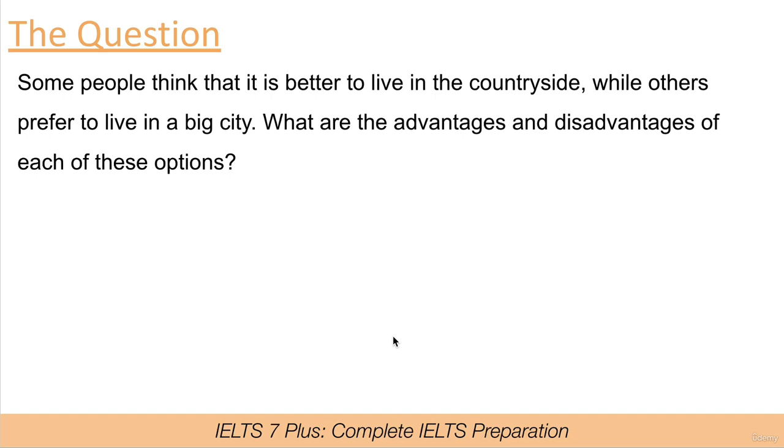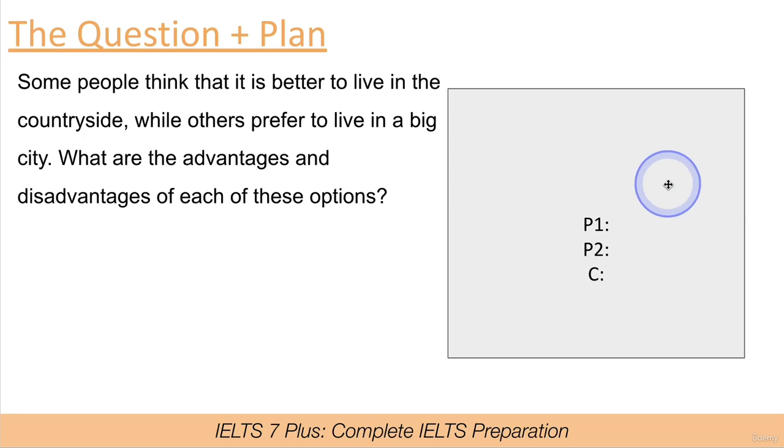See what you think, see how it feels to you. But I will show you how I'm going to structure this in the plan. Okay, so we've got two options. First option we've got is the countryside. So let's note this down, countryside.